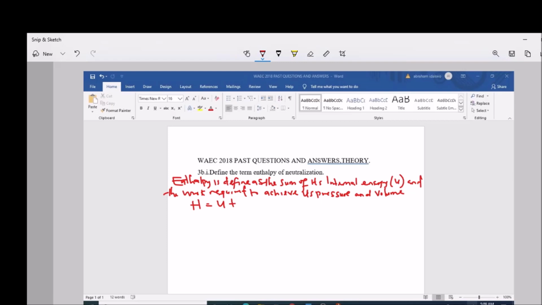While we have U representing the internal energy, so capital letter U is used to represent internal energy. While we have P stands for pressure and V stands for the volume.